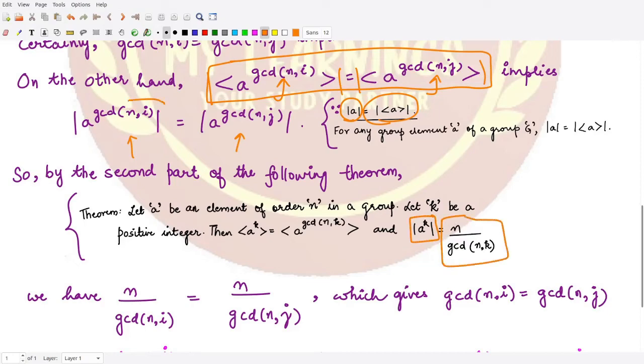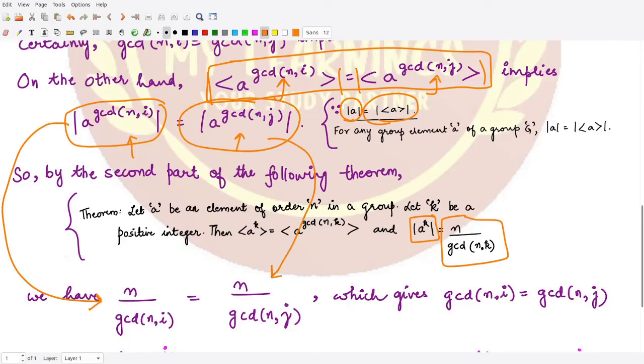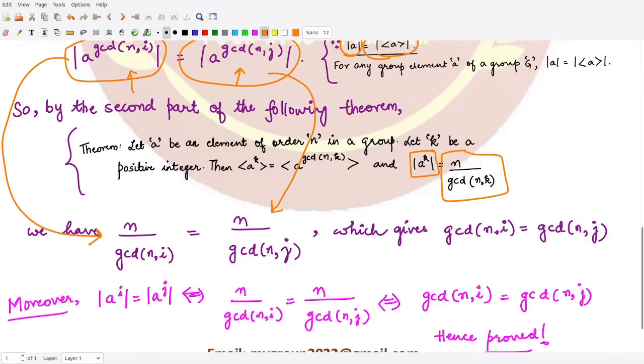So here the order of this element could be written as n divided by the GCD of n with i, and the order of this element as n divided by the GCD of n with j. From these two equations we obtain that the GCD of n with i is equal to the GCD of n with j, and this is what we wanted to prove in this part.